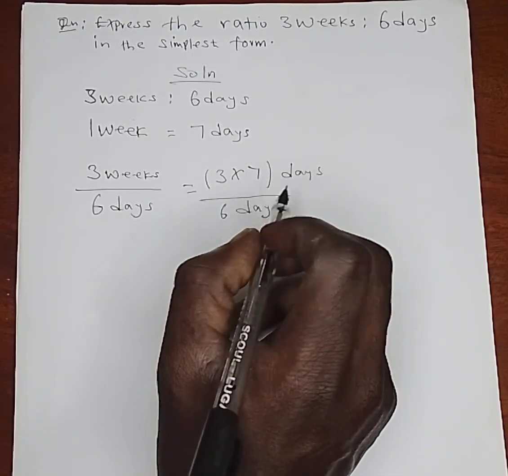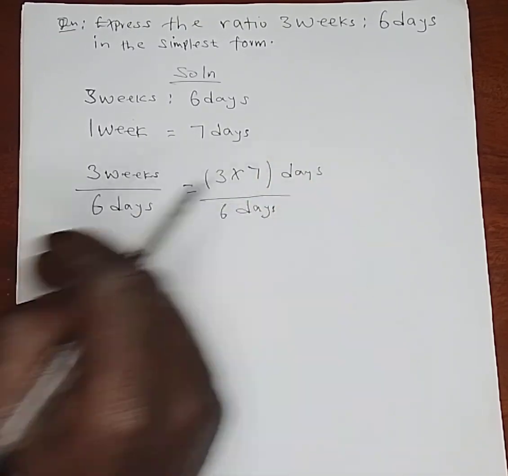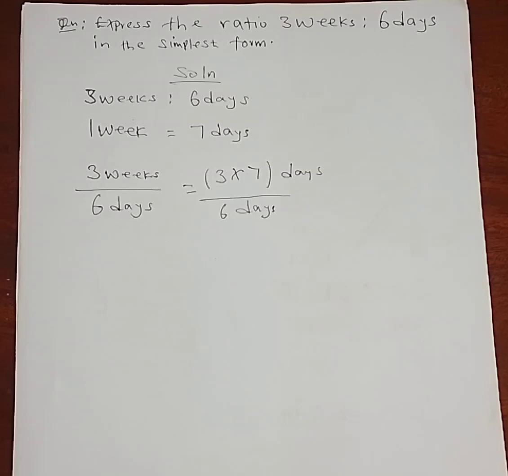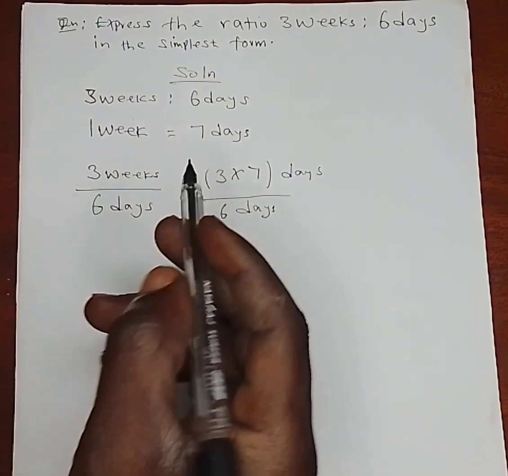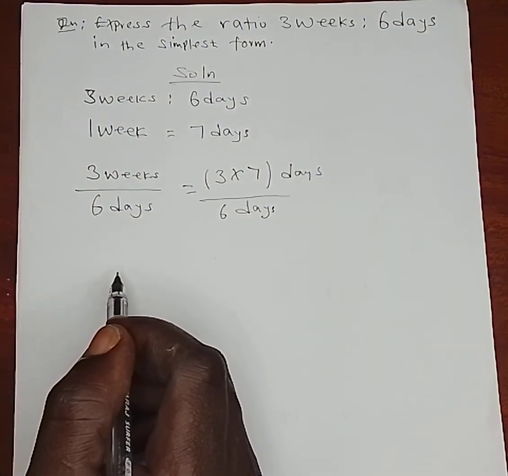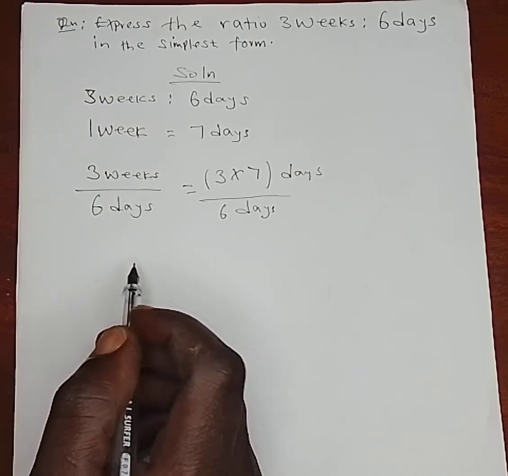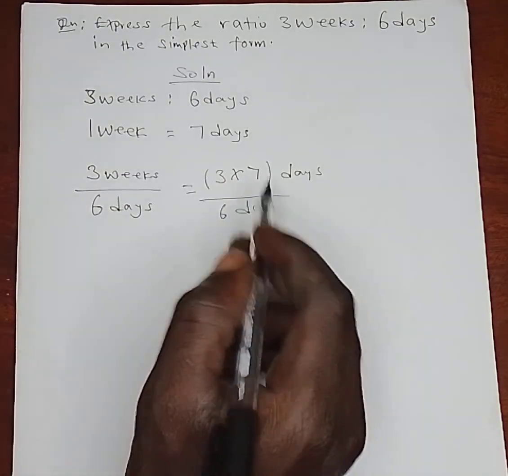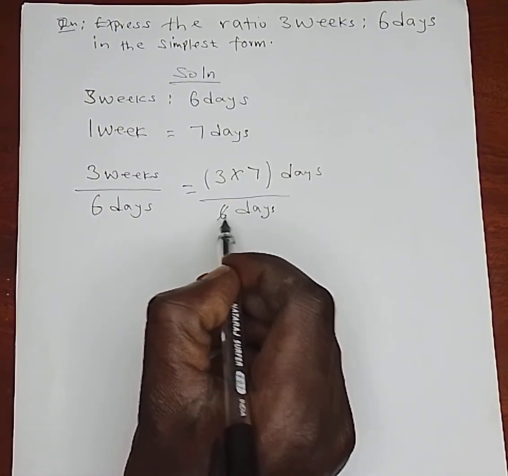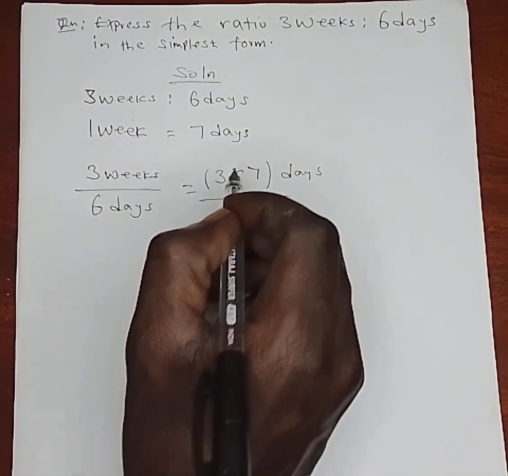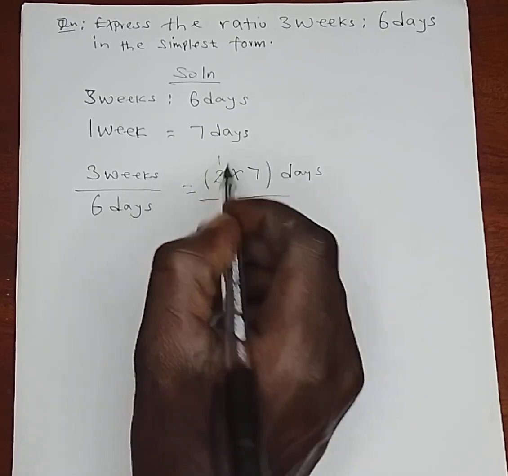So when we reach here, what are we going to do next? Because they told us to express this in the simplest form, what are we going to do? By 3 here, you will have 2. Here by 3, you will get 1.